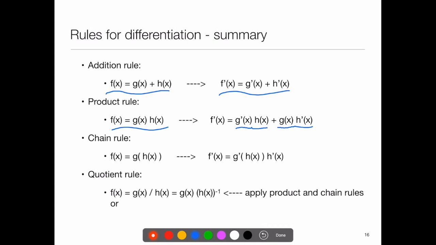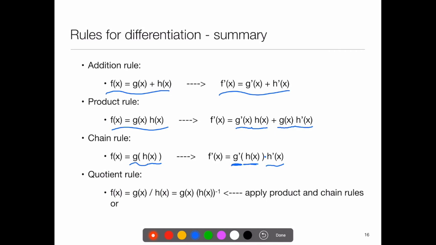For the chain rule, it's also a little bit more complicated. If f is the composition of g with h, then we take the derivative of the outer function g and plug h into it, and then multiply by the derivative of the inner function.